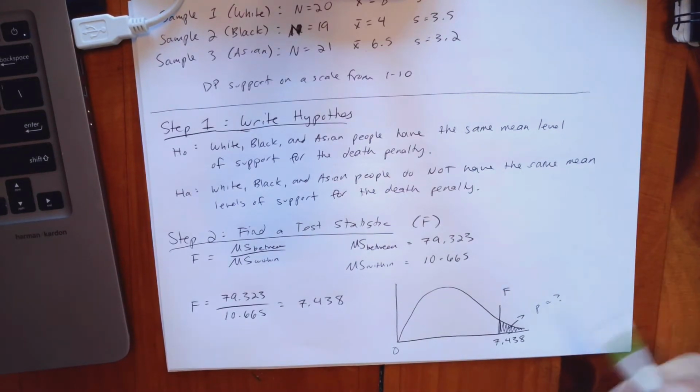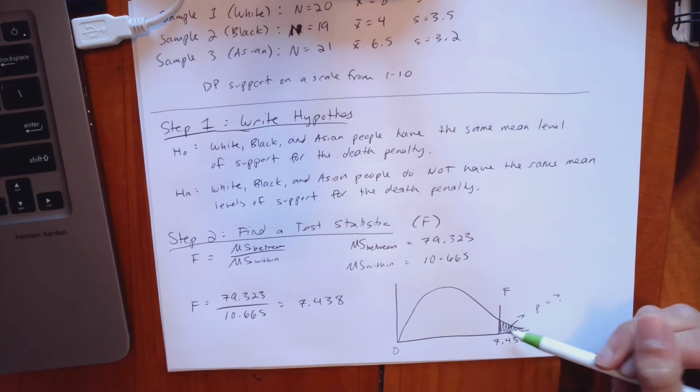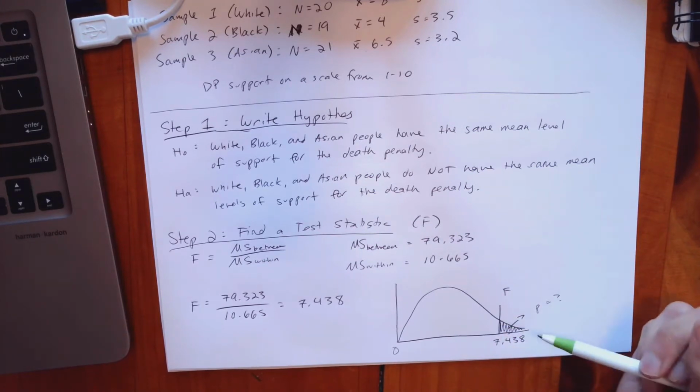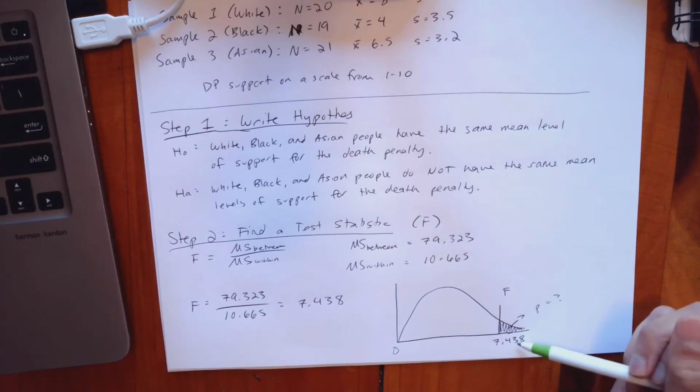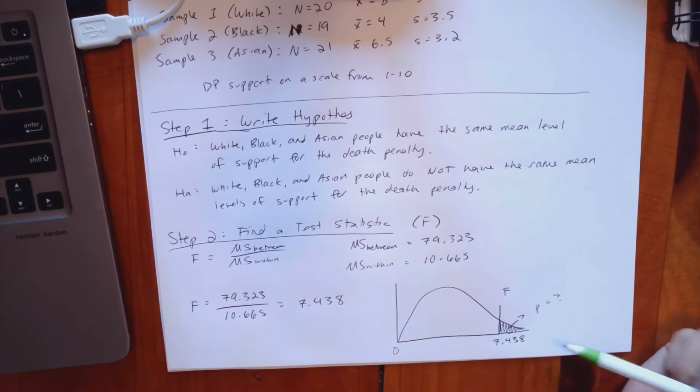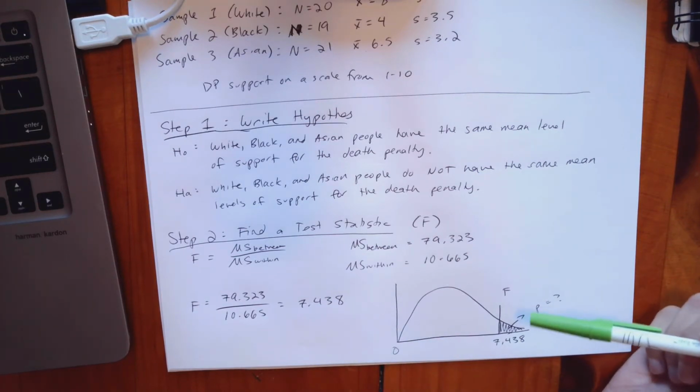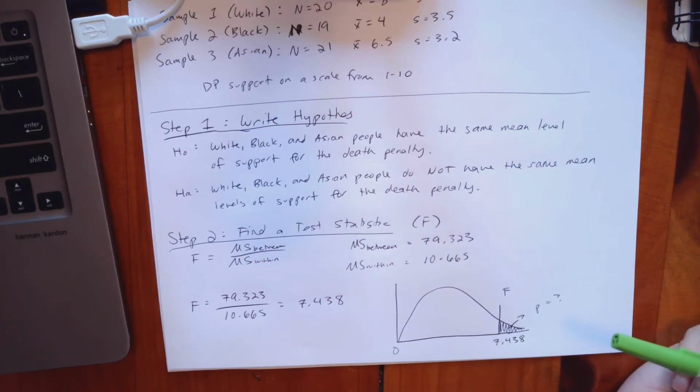Once we have this value plotted, the area under the curve to the right of our F statistic gives us the probability of obtaining an F statistic this large or larger, assuming that all groups really did have the same true level of death penalty support in the population. And as we said before, if it's a very low chance, we're going to take this as evidence that they don't really have the same levels of death penalty support in the population.